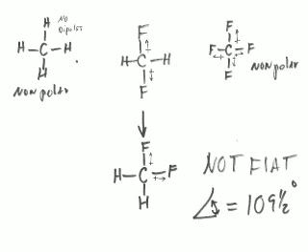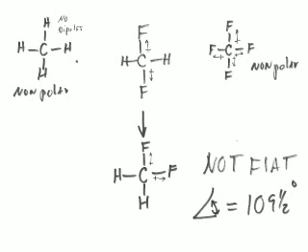And the reality is, of course, both those pictures are wrong. This is something we've talked about before. You have to keep in mind the blackboard is flat. It makes everything look flat. None of those angles are 90 or 180 degrees. There's 4 pairs of electrons around the carbon. They're going to be in a tetrahedron. This is a 3-dimensional shape.